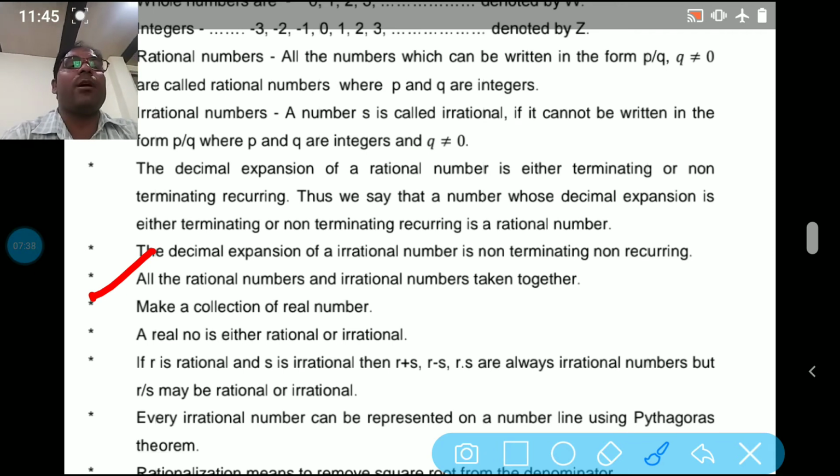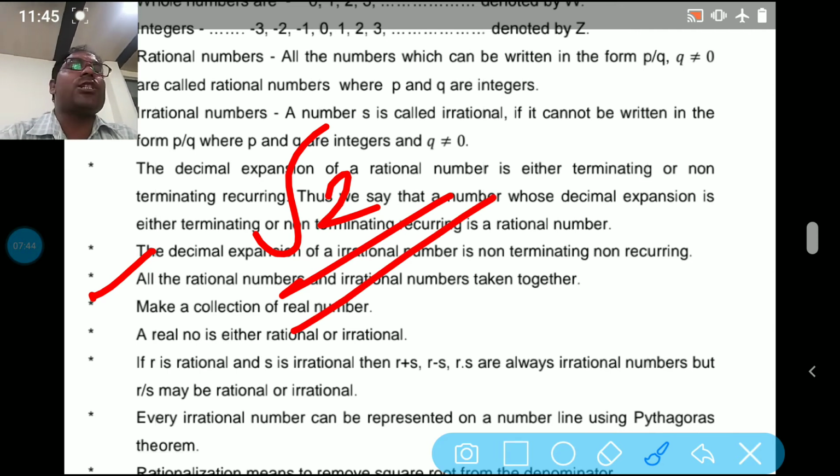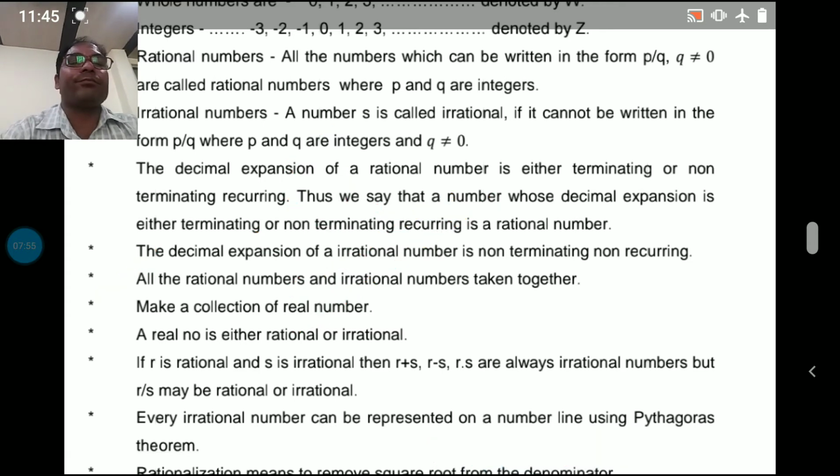That's why these numbers are real numbers. Suppose root 2 is an irrational number. We can represent this on the number line, as you have done in the previous exercises. So root 2 is a real number because we can represent it on the number line.